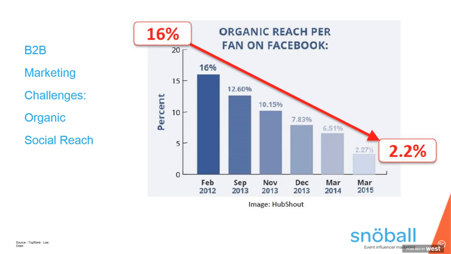So the organic reach, if we look at it from a messaging perspective, if you're not even just using paid advertising on social or on Google, even the organic content that is out there on Facebook, because of the change of algorithm, its reach has diminished. Another reason why the page content from your organization or your event is not getting in front of the people you want them to see.